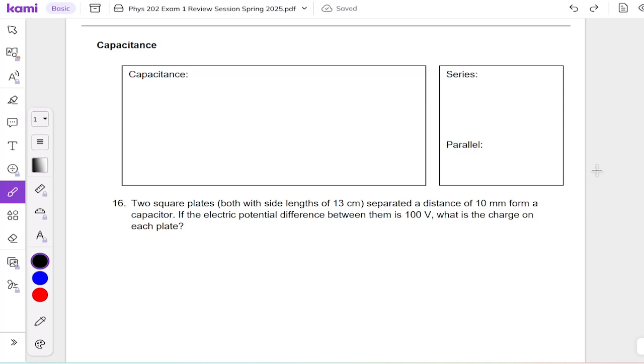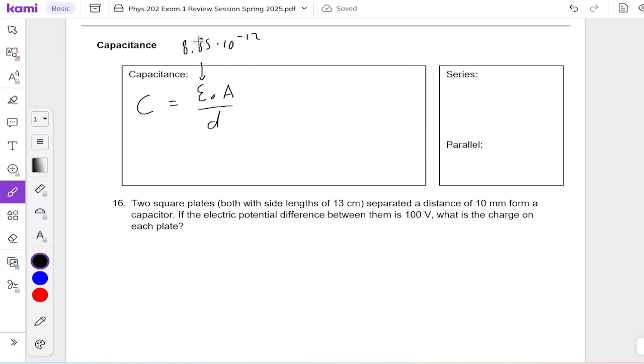Anyways, here's the next topic, capacitance. This is going to be a big topic on the test, so very important. So first, we have 2 equations for capacitors. We have C equals epsilon naught A over D, where epsilon naught is 8.85 times 10 to the minus 12th.